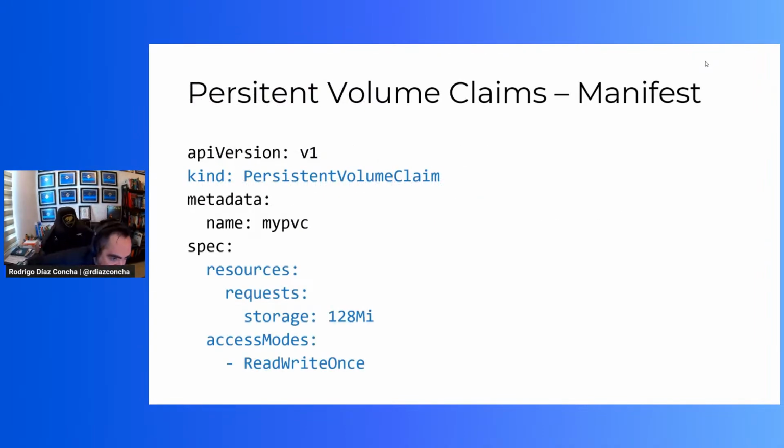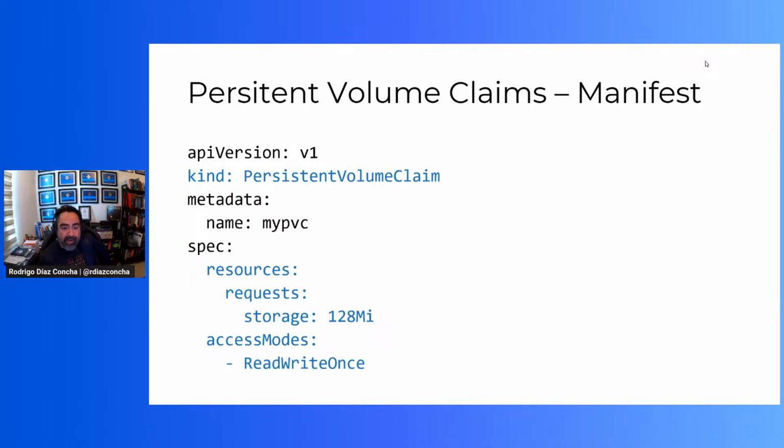Anyways, let's go back here to the persistent volume claims topic. As you can see here on the screen, I'm using API version v1, right? The kind is PersistentVolumeClaim, okay? The name is important because that's the name that you're going to use for your pods, right?